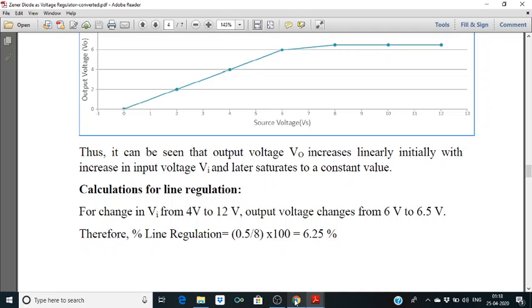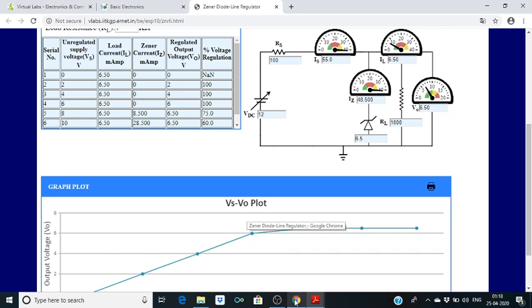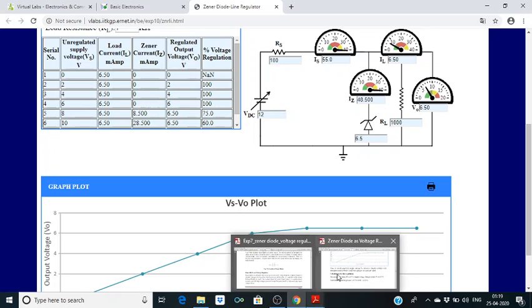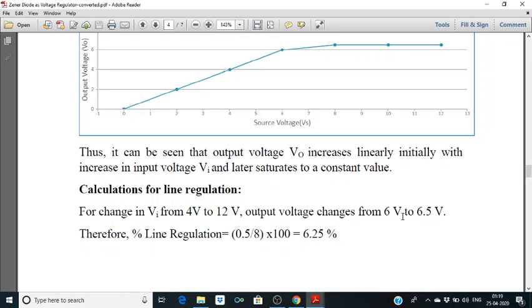In this way we can calculate percent line regulation, and it is coming around 6.25%.